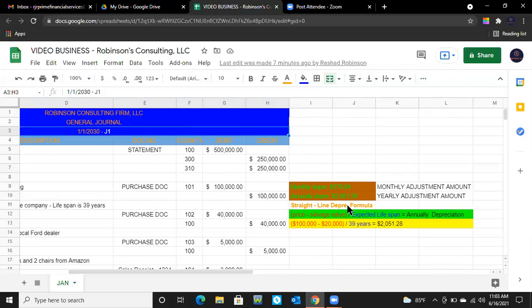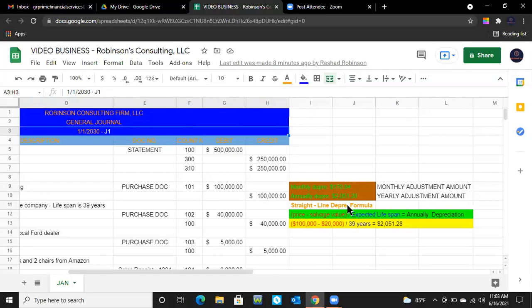So after we did the formula, $100,000 minus the salvage value of $20,000. The salvage value is just the value that you think you can sell the asset at the end of its lifespan. The IRS recommends that any commercial building has a lifespan of 39 years. So you divide 80,000 by 39 years, and you get $2,051.28.